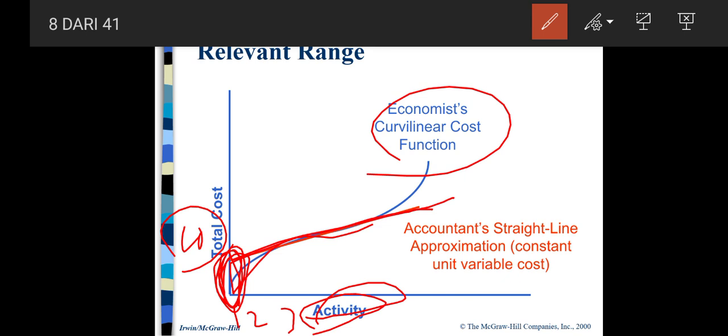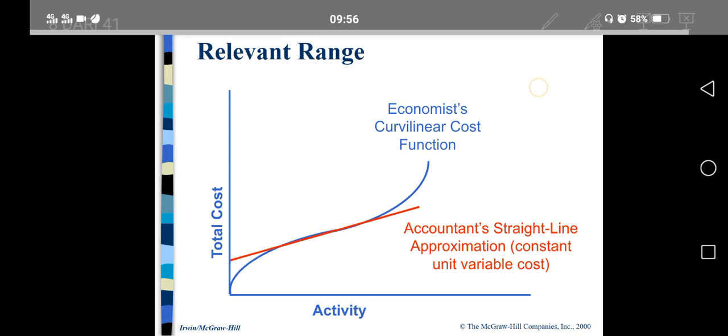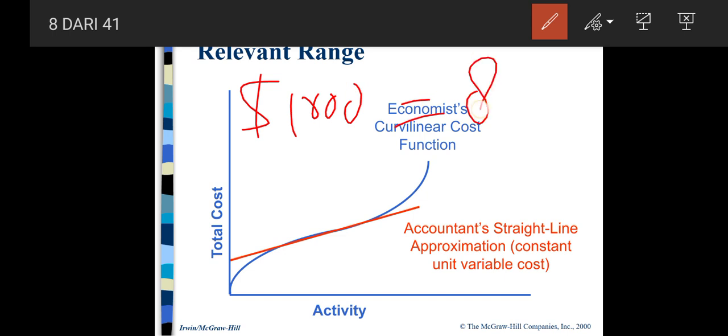For example, a company pays fees of $1,000 for the first 800 local phone calls in a month. Jadi misalnya untuk biaya telepon, company akan bayar $1,000 untuk 800 calls.